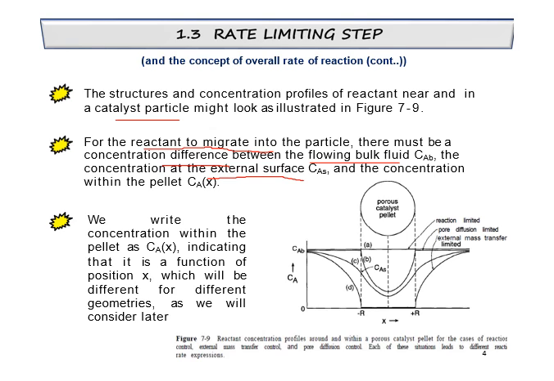The concentration of the bulk fluid is represented by the term CAB, and the concentration at the external surface is represented by CAS. And there must also be a difference with the concentration within the pellets, which is represented by CAX, where X is a function of the position inside the catalyst.